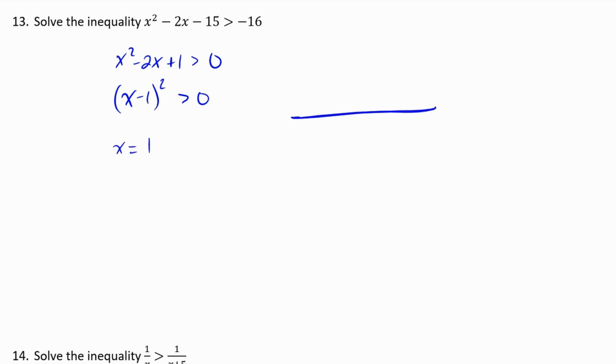And now we bring out that handy dandy sign chart. So I'm going to put 1 right here. And I want to check for values on the left side. Let's look at values to the left of 1, like 0. So 0 minus 1 squared, I'm going to end up with a positive value, because I end up with a negative squared, but that's always going to be positive.